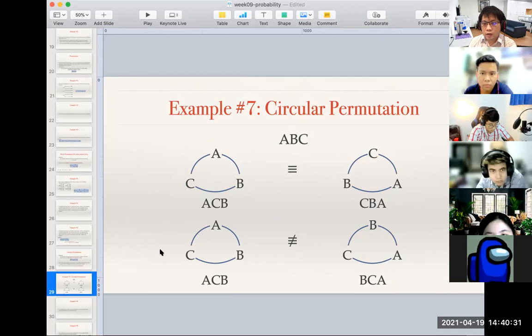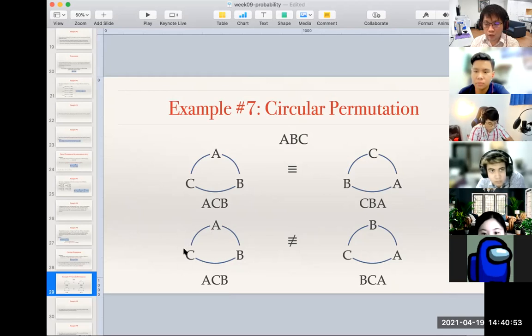So what if I change the order? Like earlier, ACB here is different from ABC. It's not equivalent with ABC. Why? Let's say ACB.